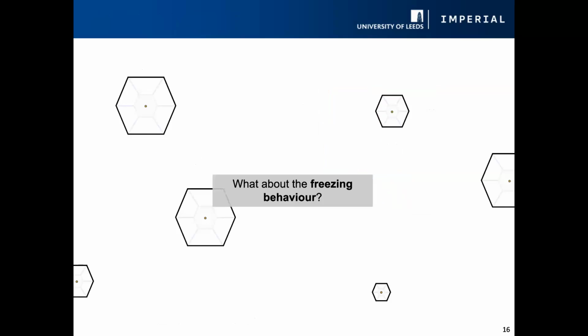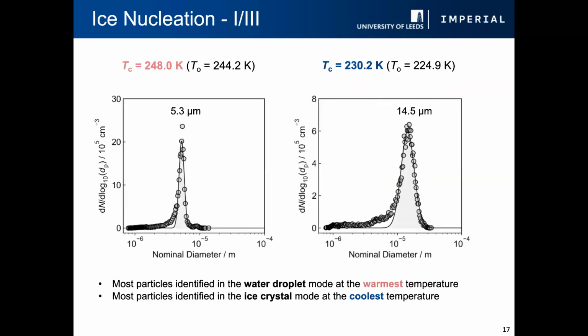We were also able to look at the freezing behavior, so whether the lubrication oil particle had any role in enabling the freezing to happen at a warmer temperature, so that would be heterogeneous nucleation of ice. This shows an example of a size distribution that we measure when the chamber is warm, and we're seeing about 5 microns in diameter.